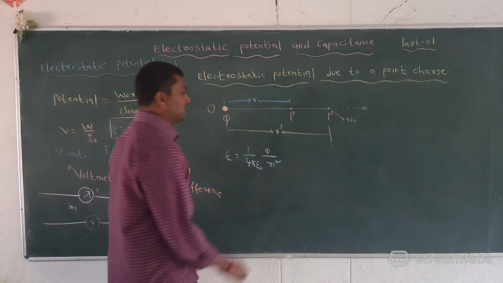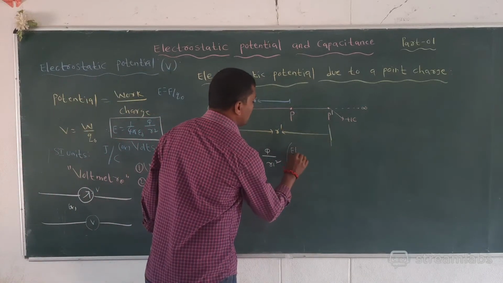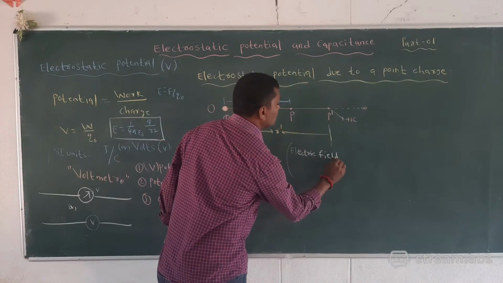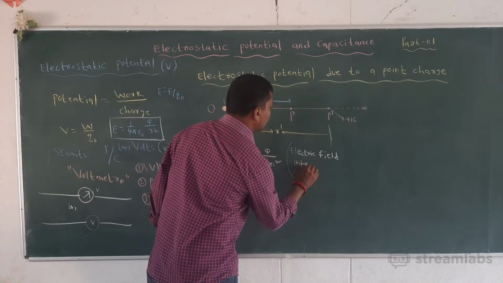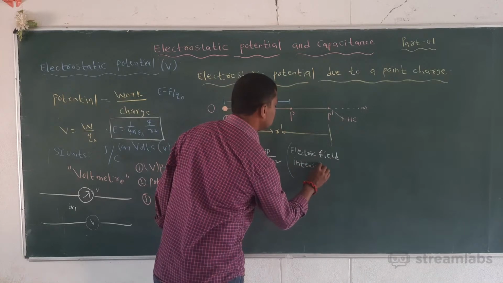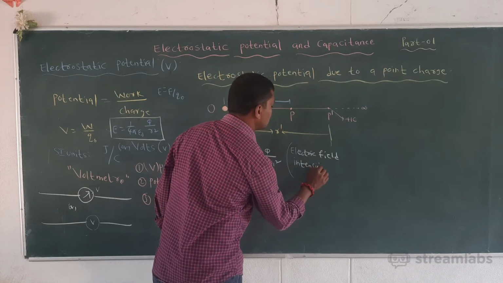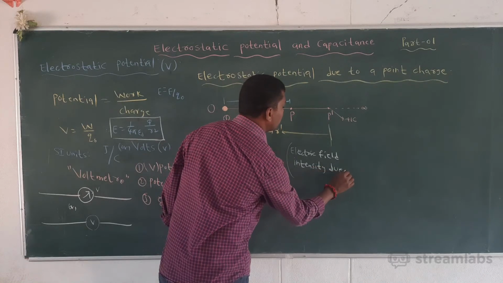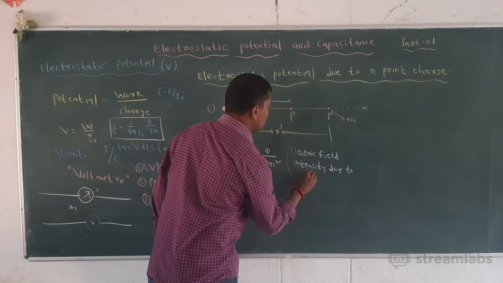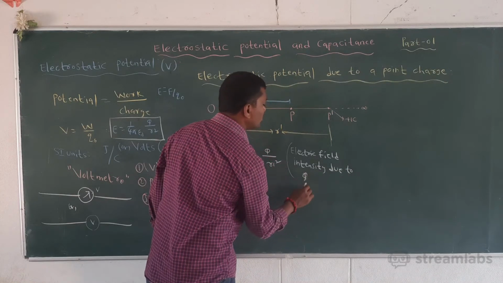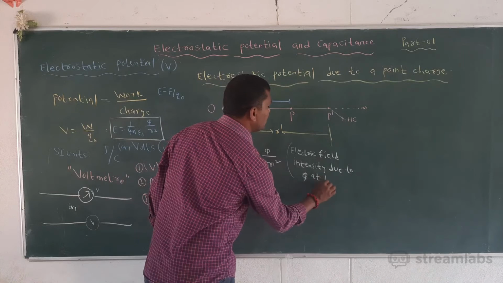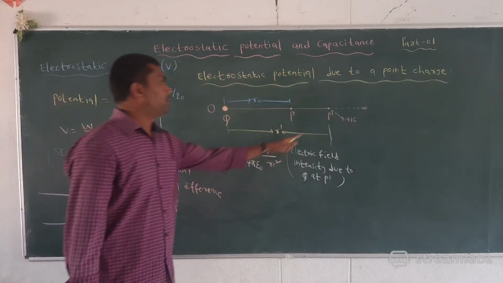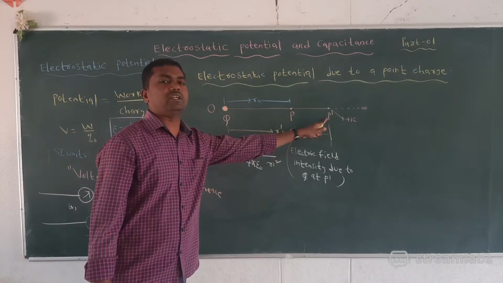This is the electric field intensity due to Q at P dash.